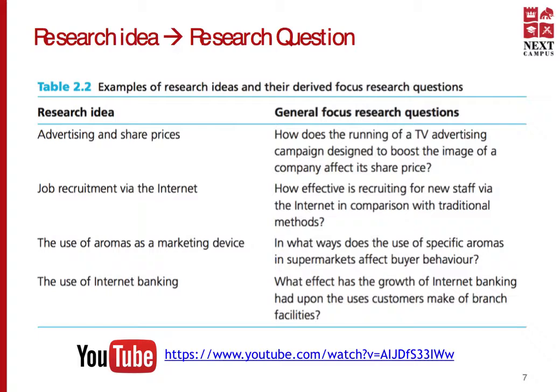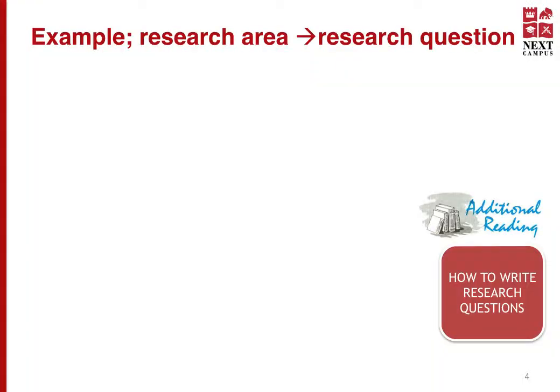Typically, students find it a little difficult at the beginning to come up with a research question. So let's look at another example. This example is about the research area digitalization.